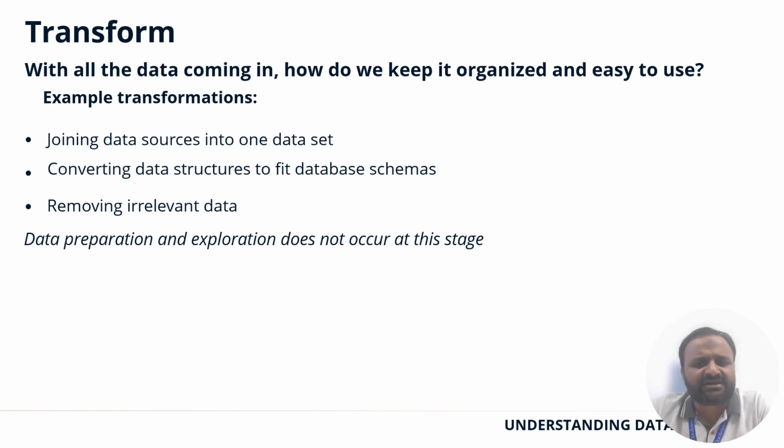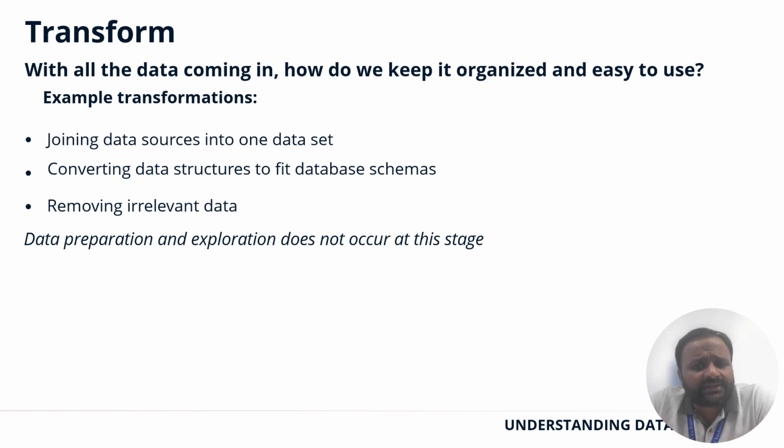Another is converting incoming data structures to fit a database schema, which informs us how data must be structured before loading it in. A transformation can also be removing irrelevant data. For example, the Twitter API not only gives you a tweet but other details like the number of followers the author has, which is not useful in our scenario, so we should not store it.